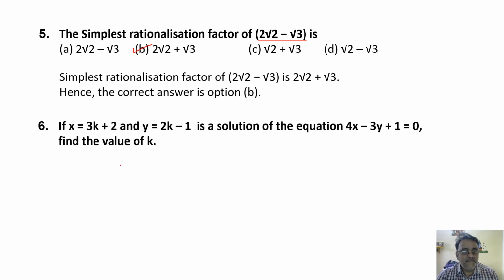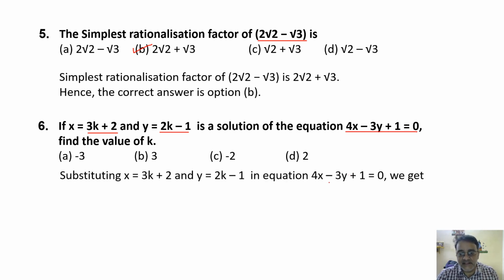Now sixth question. If x is equals to 3k plus 2 and y is equals to 2k minus 1 is a solution of this equation, then find the value of k. So it is already given that x and y is the solution of this equation, so we can substitute, okay, क्योंकि इसको satisfy करेगा. So substituting x and y in this equation, we get 4 into 3k plus 2 minus 3 into 2k minus 1 plus 1 is equals to 0.